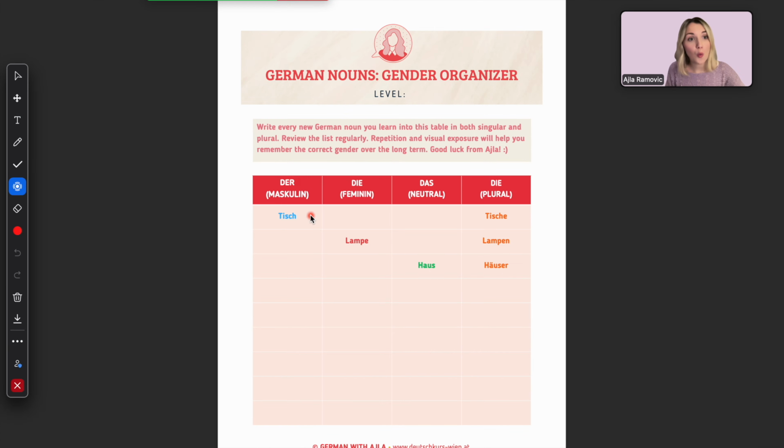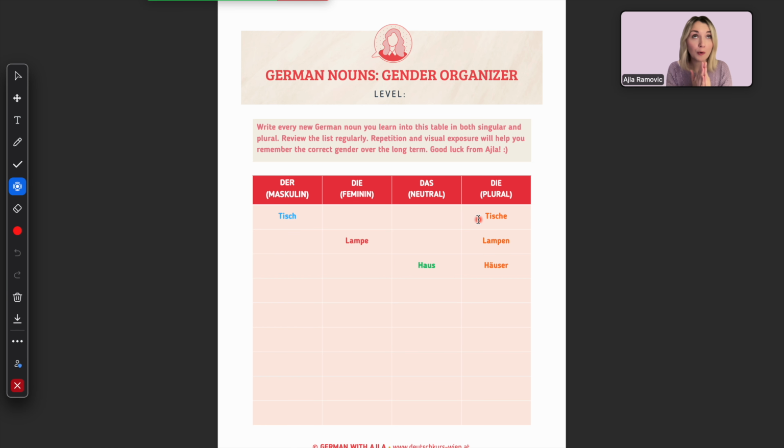You also want to look at the plural form and add it into your gender organizer. You can see, oh, the plural form is Tische. Let me write it down. You write it here in the plural category, die Tische. And this is the complete way of learning a German noun.